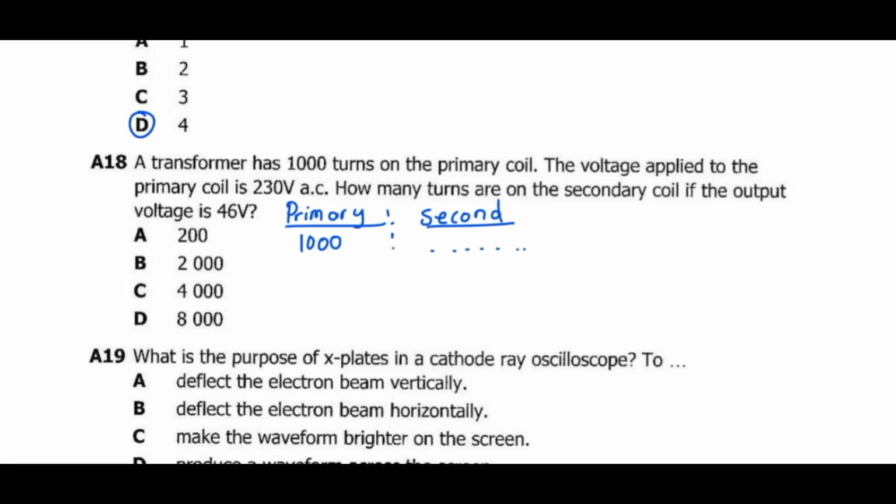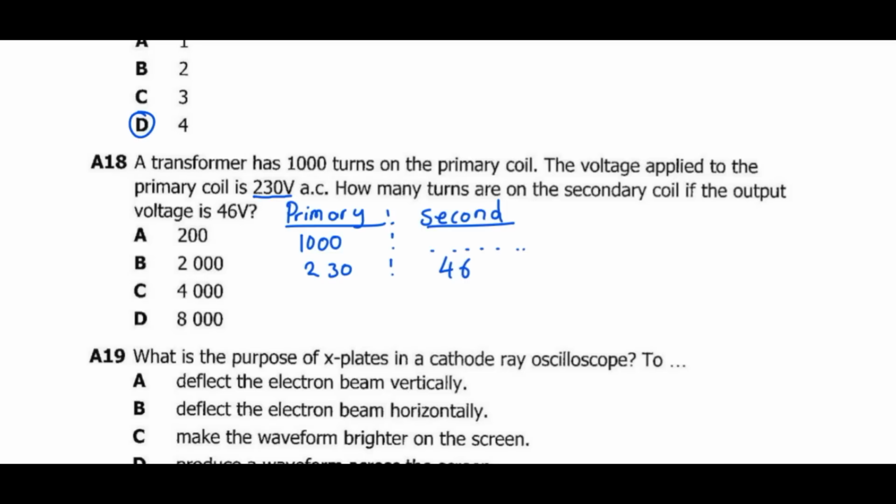We don't know. Then let's look at the voltage. The primary or input voltage is 230, then the output voltage is 46. So we can see that the input voltage is greater than the output voltage. So how can we do this mathematically? By what number can we divide 230 to give us 46?